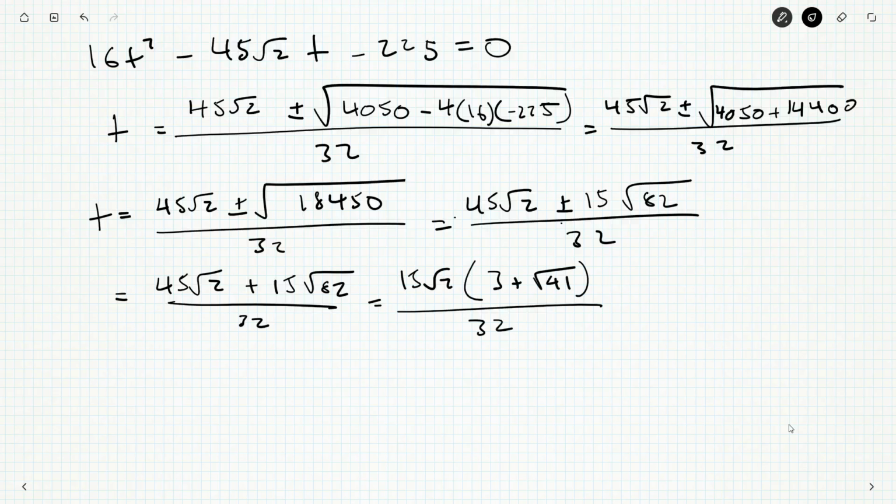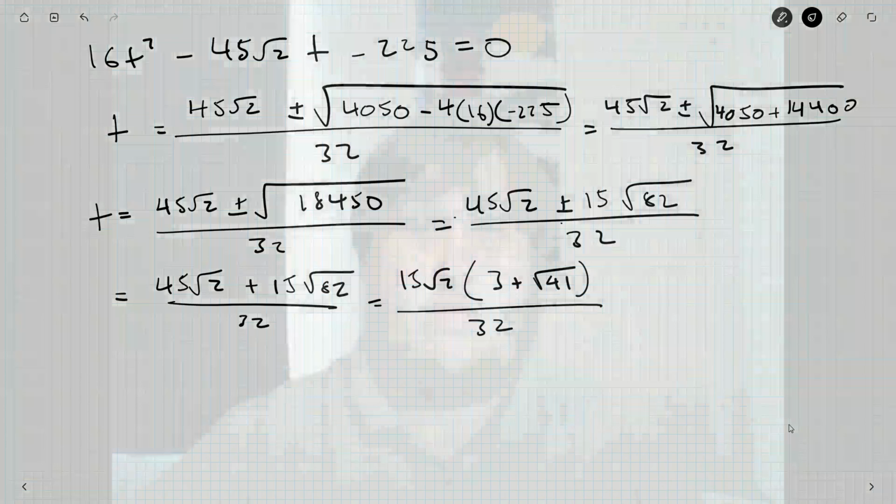That doesn't really help. I just felt like taking those out. So this should be my t value. Should be. It hasn't been the nicest set of numbers, so I'm inclined to double check my work after I'm done here. But this should be our answer.